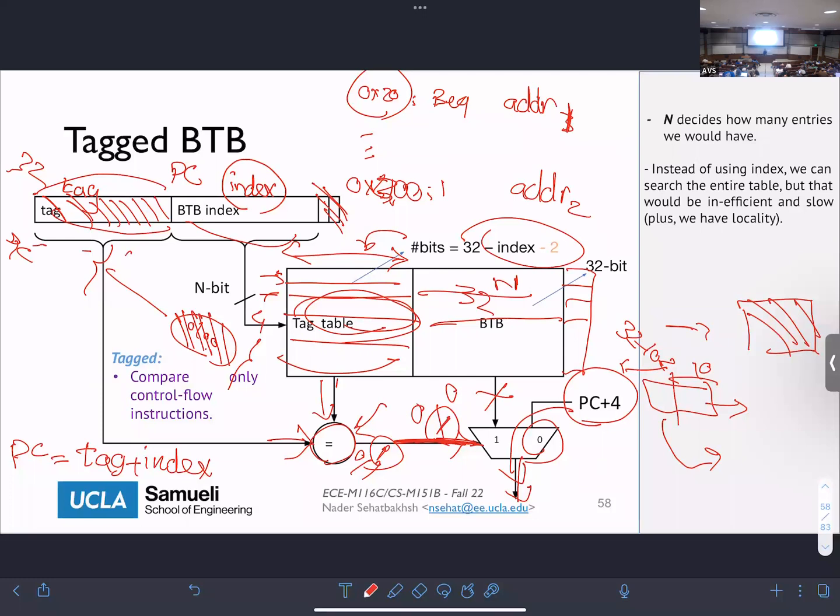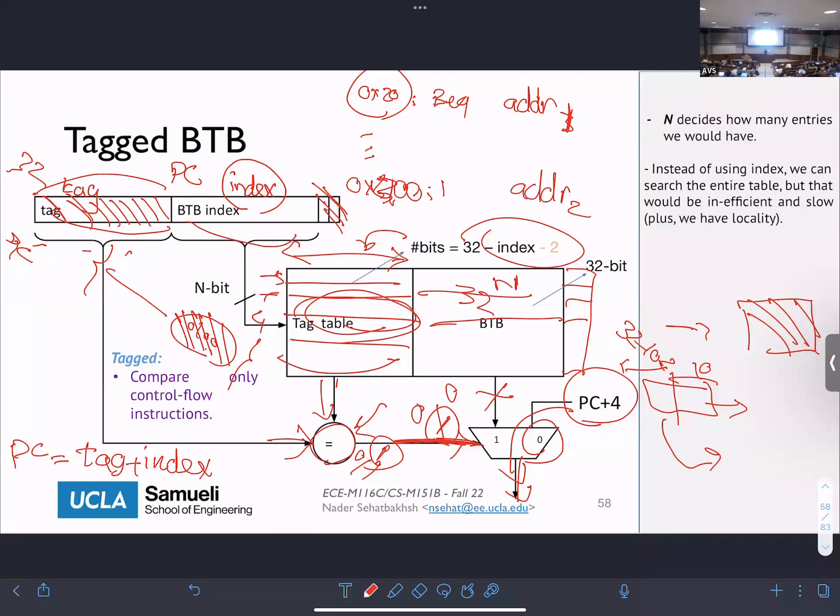Yeah, that could happen. And again, for real systems, the operating system handles these things. Basically, it pre-populates the BTB with correct addresses. Usually, the first few addresses are reserved for the operating system. So the chance that this is indeed 0, 0, 0 and these two match is basically 0. So the operating system takes care of all this address translation for us. Once we get to virtual addresses, we will see how this is done. But that's a good question.